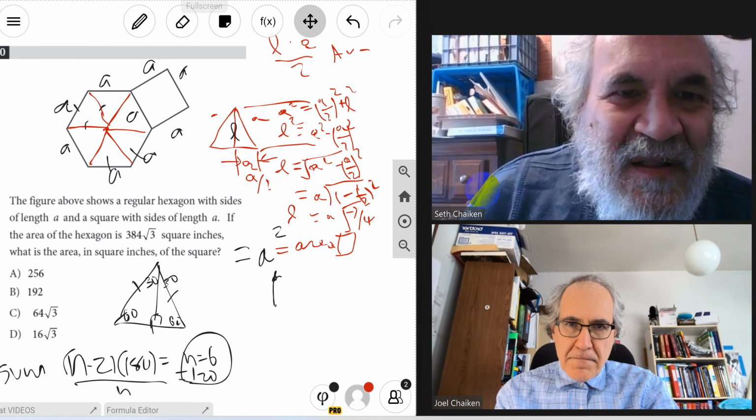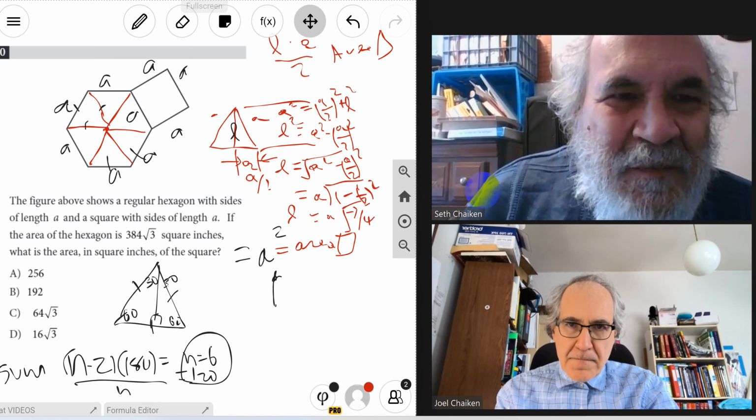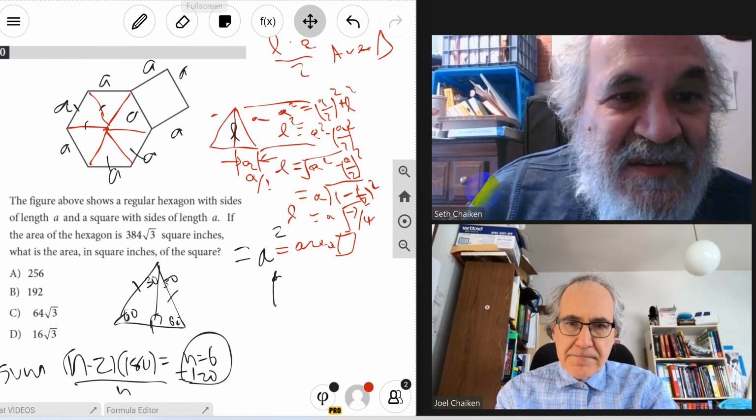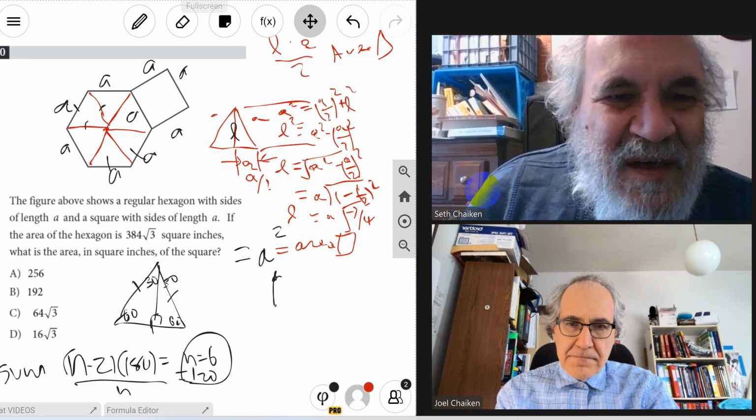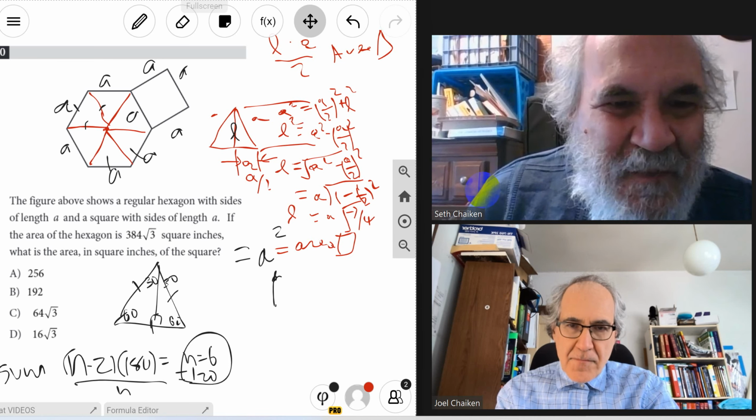The area of the triangle. L is A times the square root of 3/4.